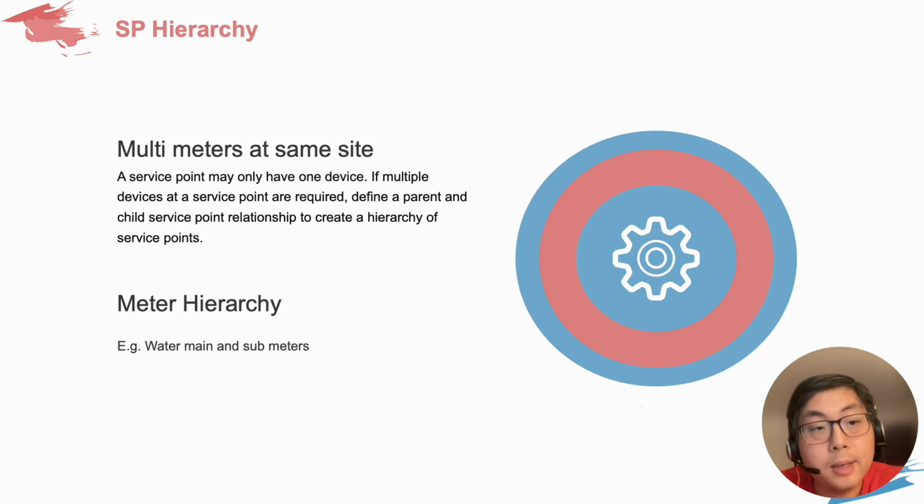So in that case, the sub meters' consumption added together should equal the main meter, and a lot of businesses use this information to store the meter structure and also to detect any leak or any overflow. So that's two structures I can think about in real life.